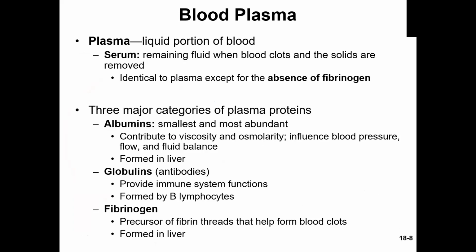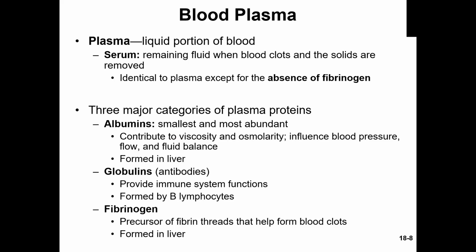Within the plasma, we will see three primary categories of proteins. They will be albumins. Albumins are the smallest protein in the plasma. They're the most abundant, and they will be formed in the liver. The globular proteins, or globulins, these are antibodies. So antibodies will float around in the plasma.